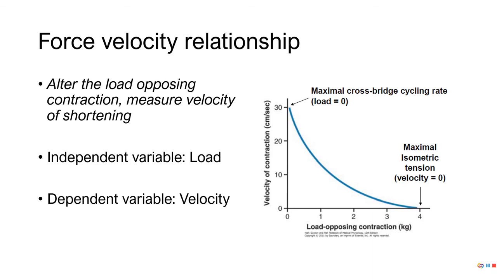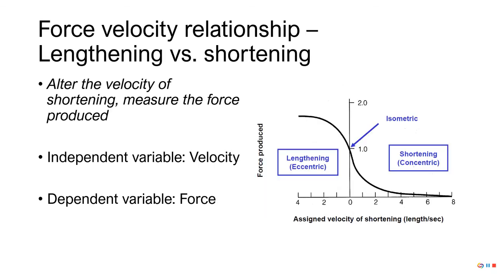So another way to look at this with force and velocity is eccentric and concentric contractions. Okay, and in both of these, they're isotonic contractions, and what we're doing is we're changing the length of the muscle. And so with this, we will either lengthen it, which is an eccentric contraction, or we'll shorten it, which is a concentric contraction. Okay, now we have different velocities here.